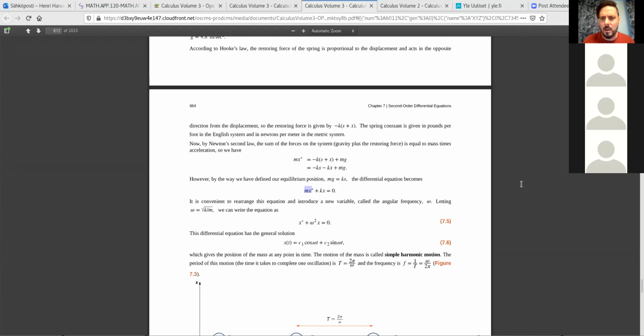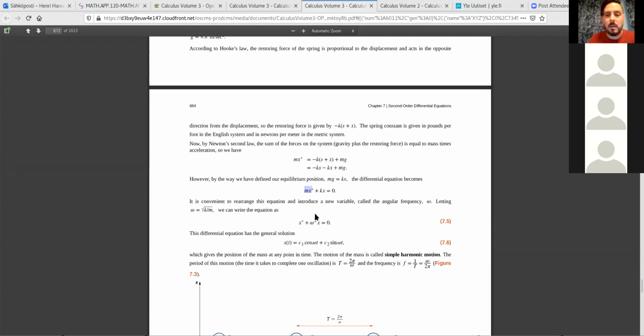Let's use u, mu. So mu squared plus k equals 0. So we can solve this, and we get u equal to the square root of k over m.